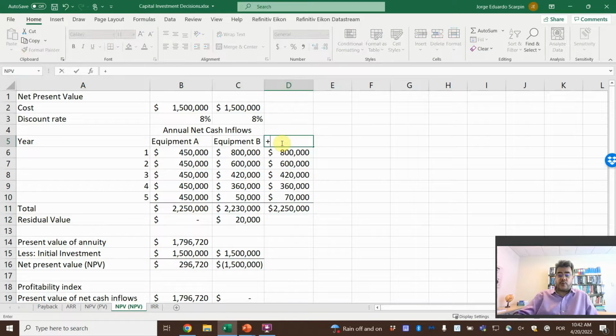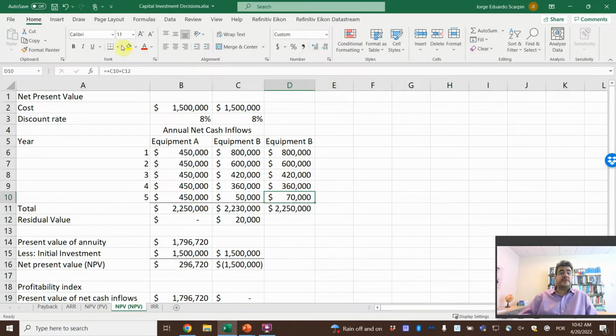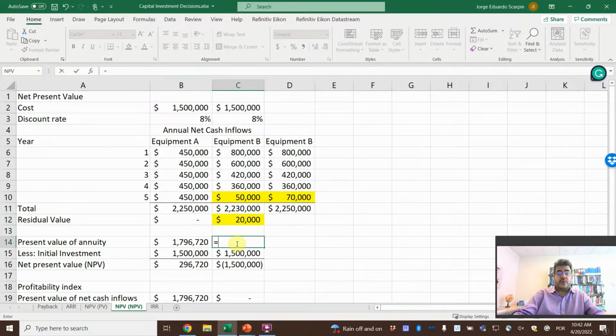So it's the same for equipment B. And this 70 is 50 plus 20 combined. Oh, pretty, huh? So now the present value, the same present value.